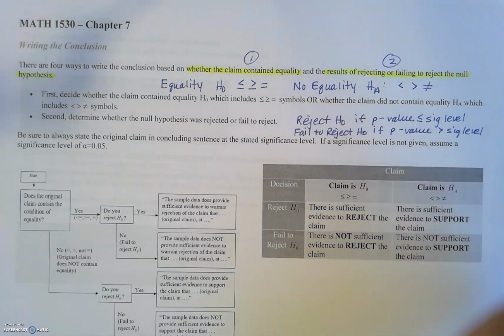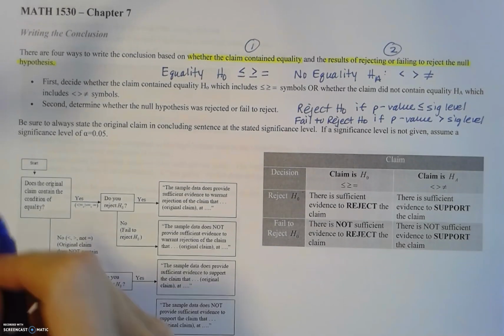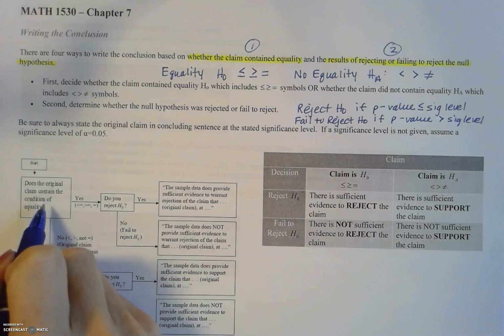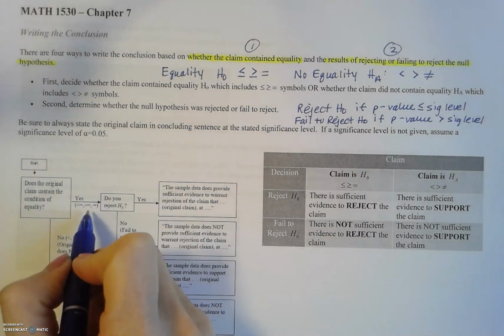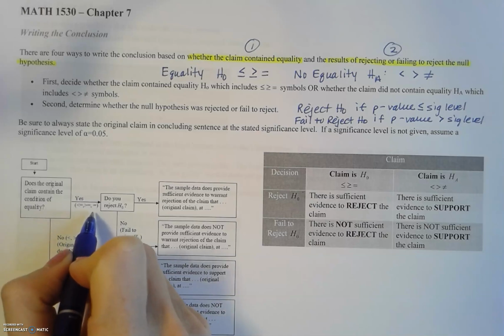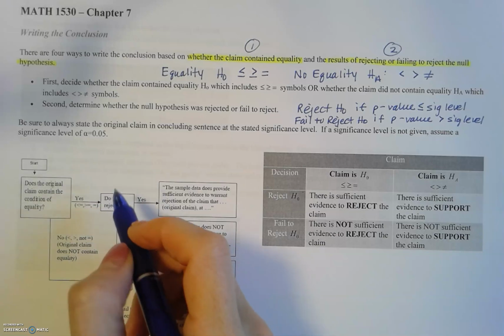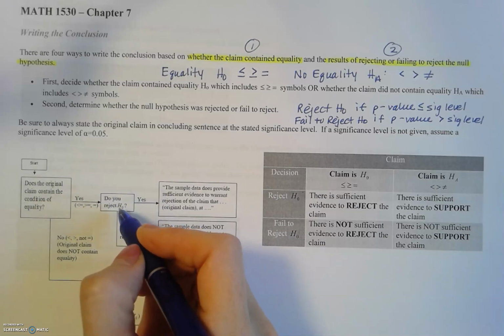So be sure to always state the original claim in the concluding sentence at the significance level. There are two forms of writing this. For the first one, does the claim contain the condition of equality? Yes, it contains the less than or equal to, greater than or equal to sign. Then we go to the right and ask ourselves, do we reject the null hypothesis?